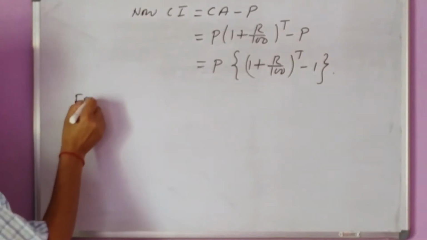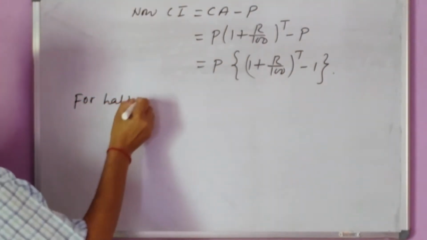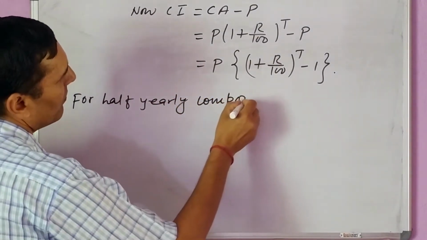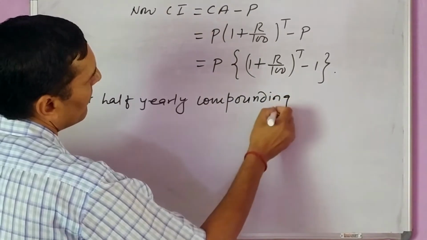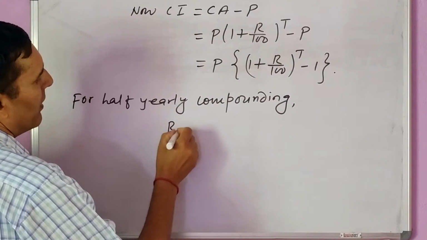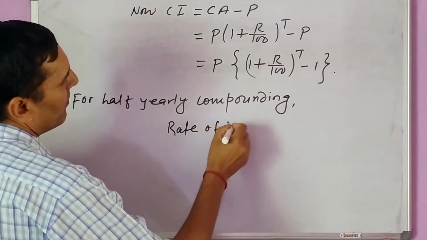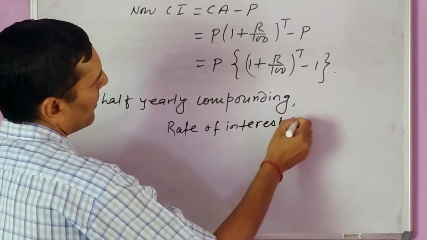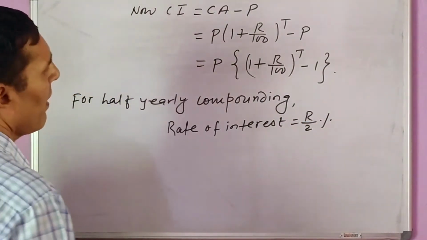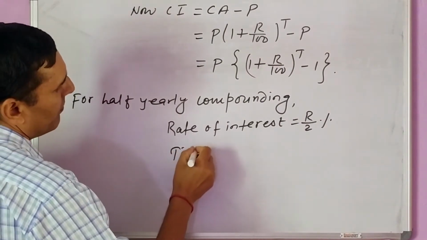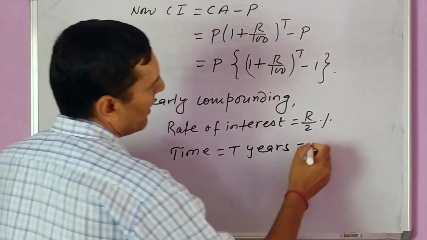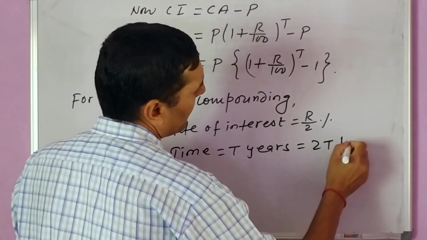So for half yearly compounding, rate of interest will be half of R%, and time T years can be written as 2T half years.